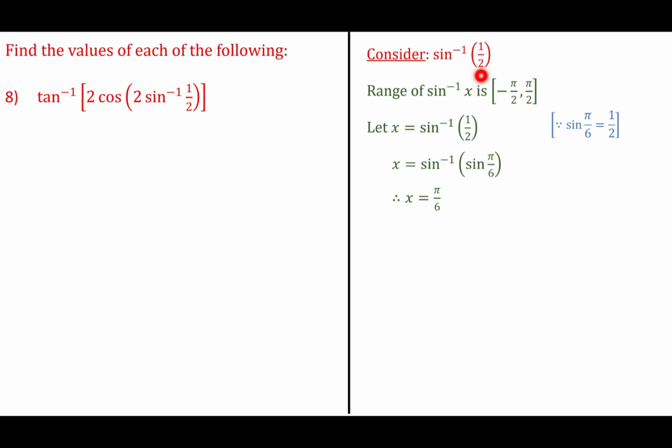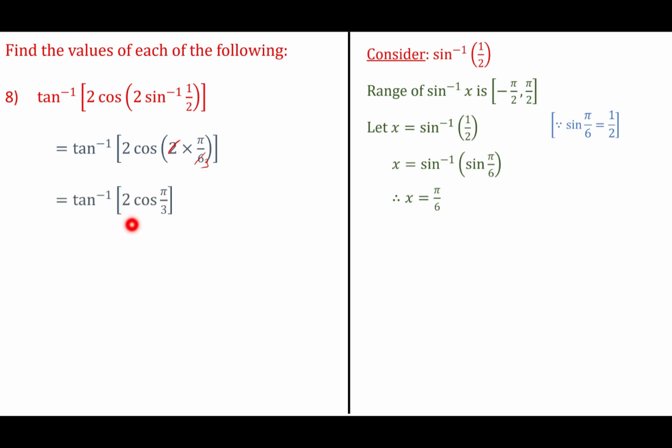So sin inverse half is pi by 6. So in place of sin inverse half, I will write pi by 6 like this. 2 is 2, and sin inverse of half is pi by 6, and 2 times 1 and 2 times 3 is 6, right?